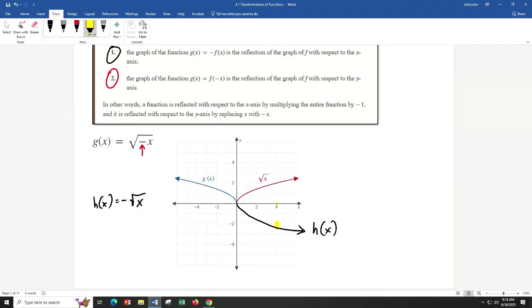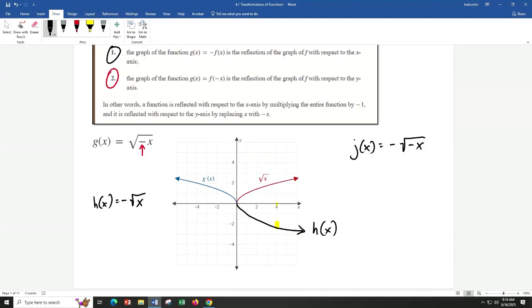Well, okay then. Let's do another function. What if I give you j of x, and it's equal to negative square root of negative x? Well, let's think about it. First off, we know when there's a negative on the outside, it's going to reflect it across what axis? The x. But when there's a negative on the inside, it's going to reflect it across where?